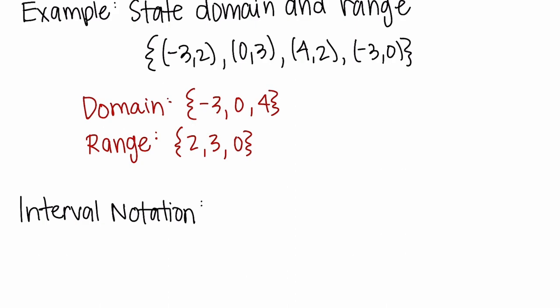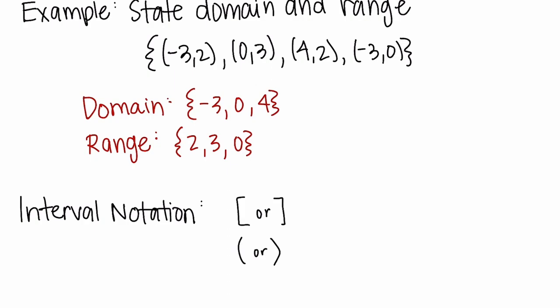this is where we're using square brackets or parentheses. Do you guys remember what a square bracket represents in interval notation? Do I include the number or do I not include it if it's square?